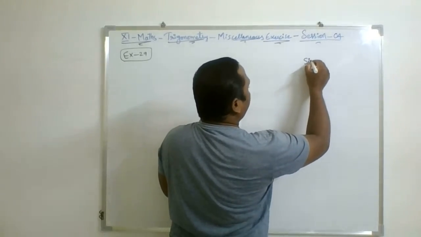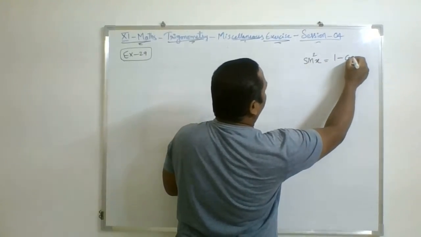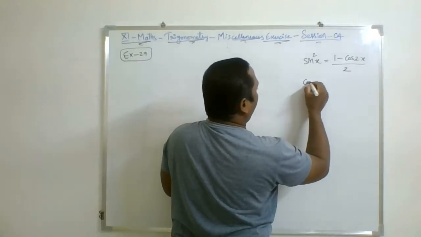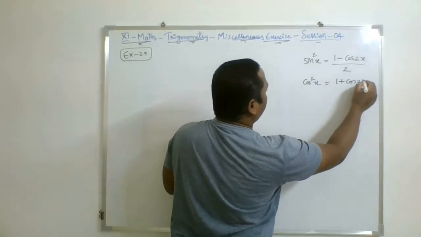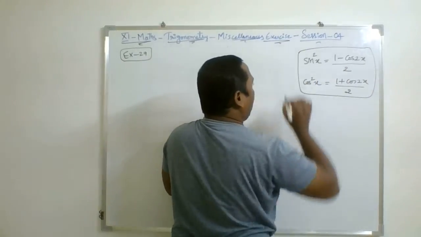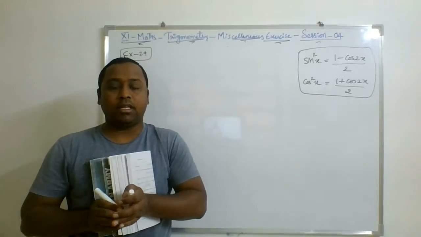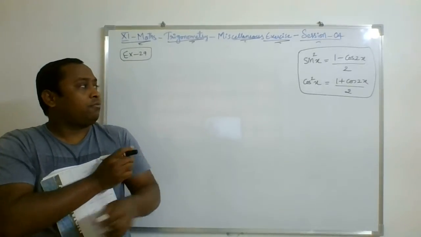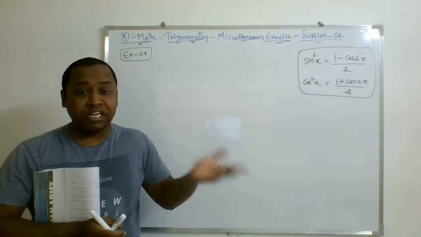Sine square x can be written as 1 minus cos 2x by 2, and cos square x is written as 1 plus cos 2x by 2. So apart from the regular formula of sine square theta is 1 minus cos square theta, cos square theta is 1 minus sine square theta, right? We need to remember the new formulas which are based on the multiple angles.